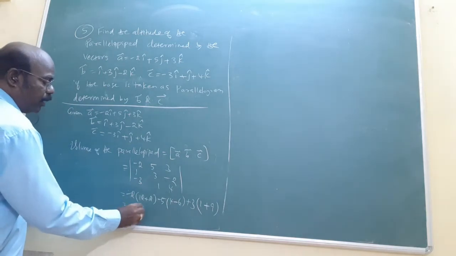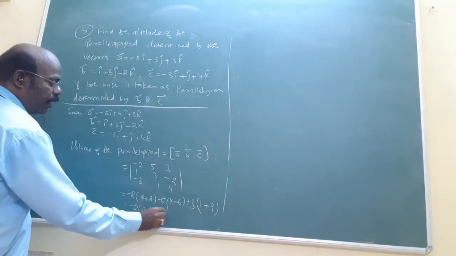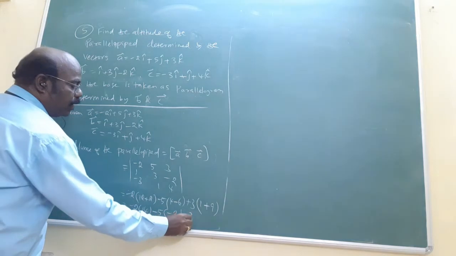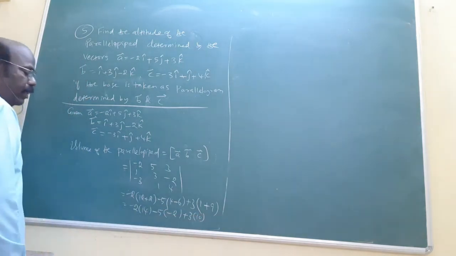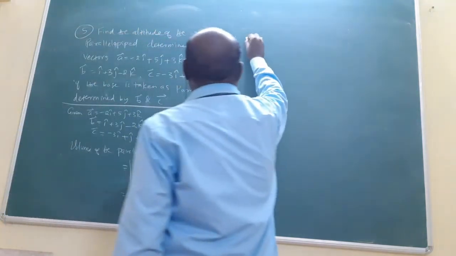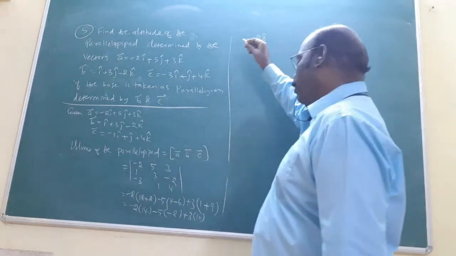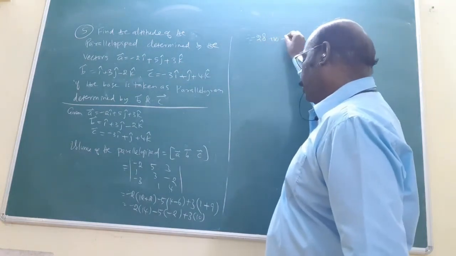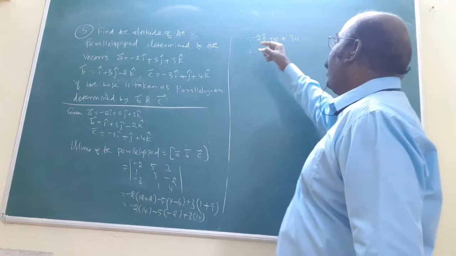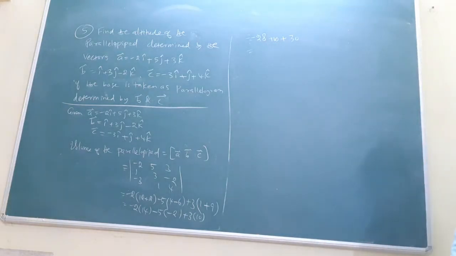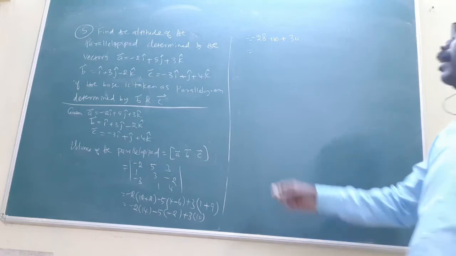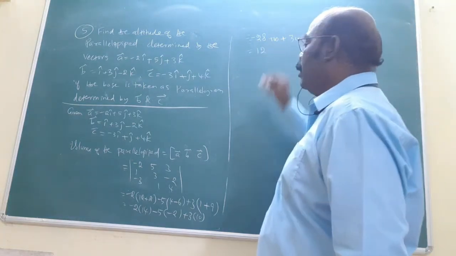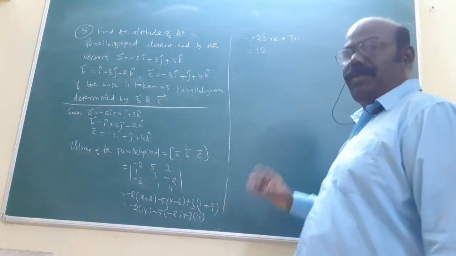Next minus 2 into 14, minus 5 into minus 2, plus 3 into 10. Am I correct? Now multiply: minus 28 plus 10 plus 30. Answer is what? 40 minus 28, that is 12. That is the answer. First one, the volume of the parallelepiped is found.